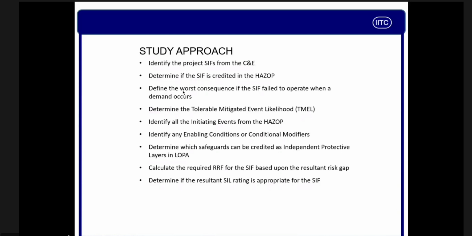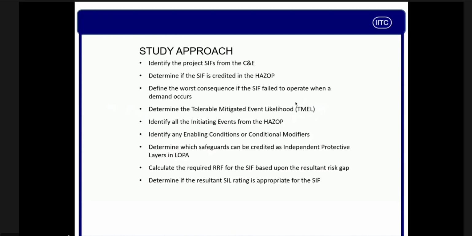So I would encourage, let us not touch the HAZOP. Let us take all the inputs from the HAZOP straight away, and let us not challenge the HAZOP consequences unless you feel that the HAZOP team has not done justice. I would always encourage sticking with the HAZOP outcome. If you feel the HAZOP has missed something, then I'm happy to correct the HAZOP so that we don't miss any critical scenarios. After that, we will identify the tolerable or target mitigated event likelihood, that is TMEL.